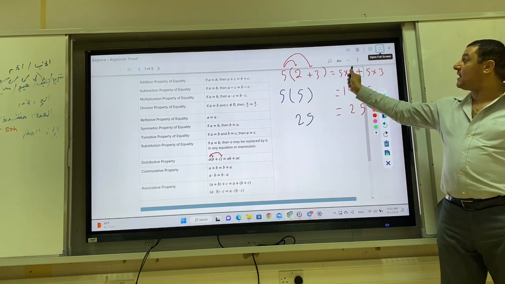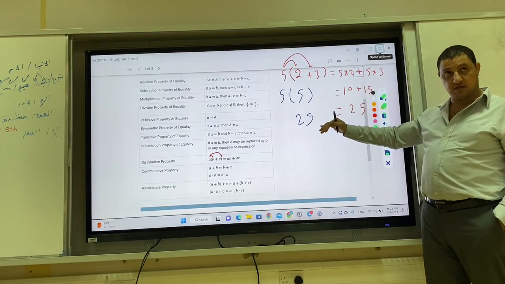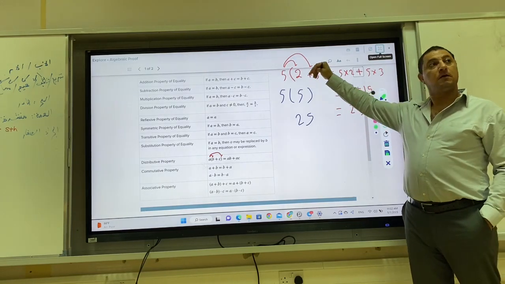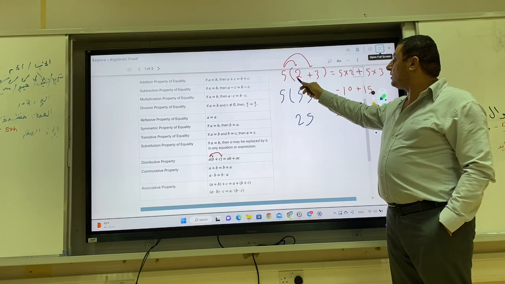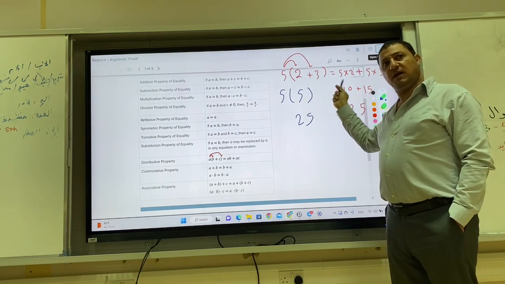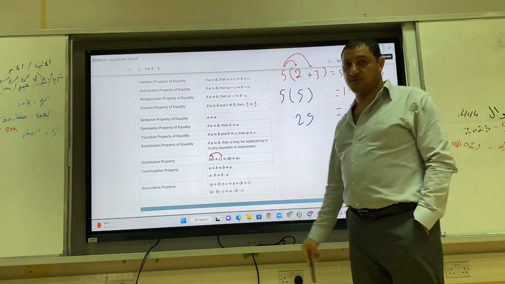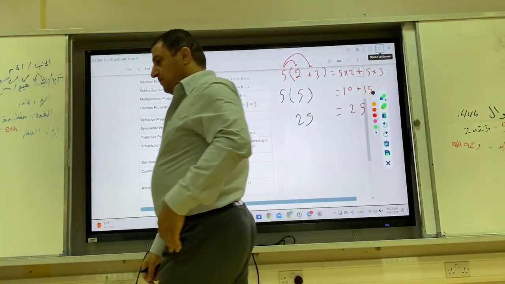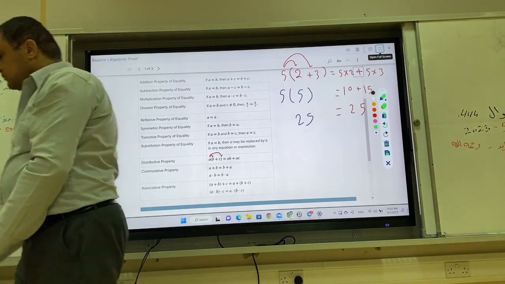So what I've done there is the distributive property. For sure this is easier, but when we have algebraic variables like a, b, x, y, we could need this distributive property to find out. Okay.